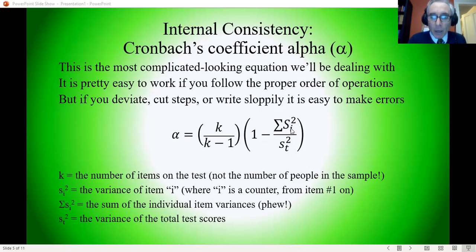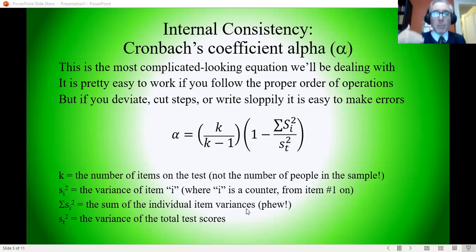S squared sub i is representing the variance of a single item on the test, item i. Sigma simply means sum of. So this sigma s squared sub i, or s sub i squared, represents the sum of the individual item variances. We'll circle back to that.